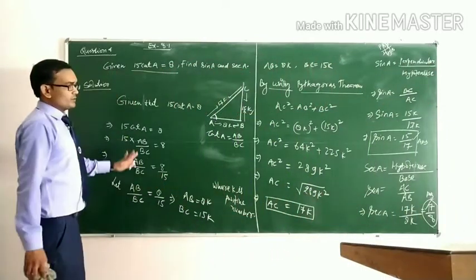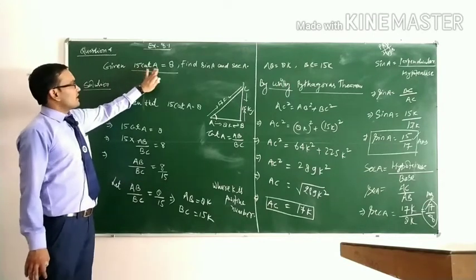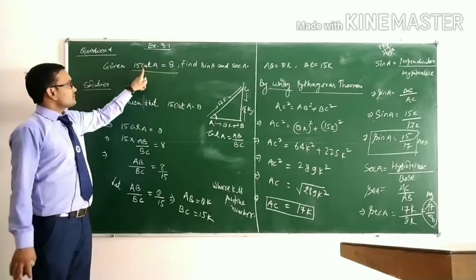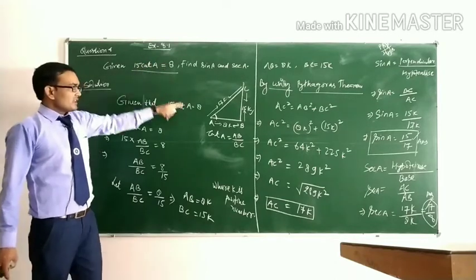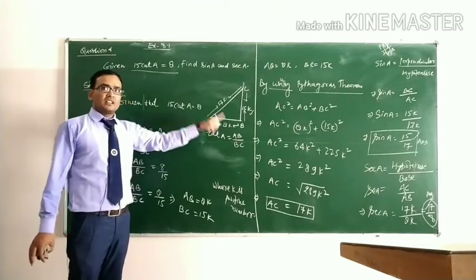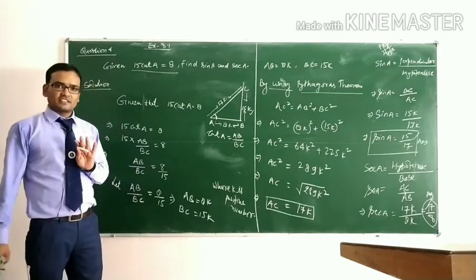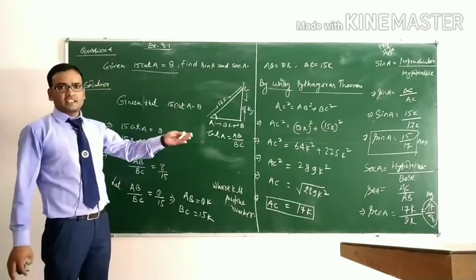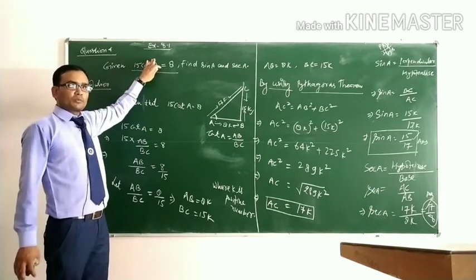Okay student, do you understand this question? If given that 15 cot A equal to 8, then find sin A and sec A. Here cot A equal to 8 by 15, that means AB upon BC, so AB equal to 8K and BC equal to 15K, where K is a positive number. Then by Pythagoras theorem AC equal to 17K.